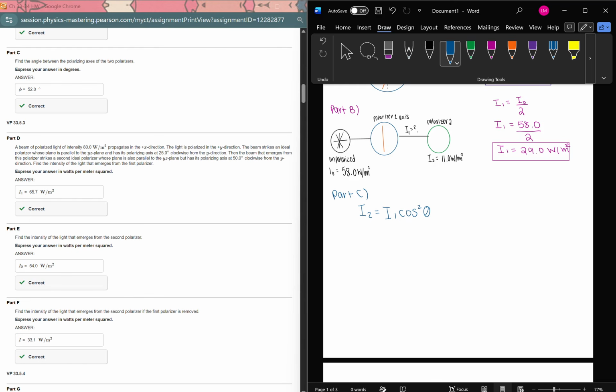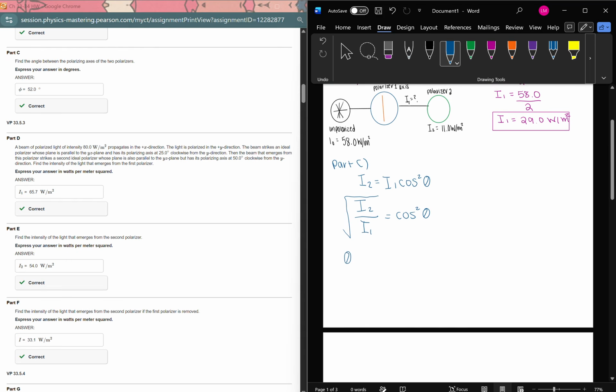I'm gonna divide both sides by I1, so that I2 over I1 equals cos squared theta. Now we're gonna take the square root, and then take the inverse cosine. So theta equals cosine inverse of the square root of I2 over I1.